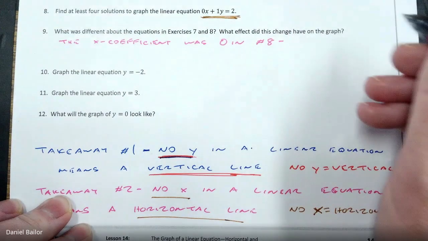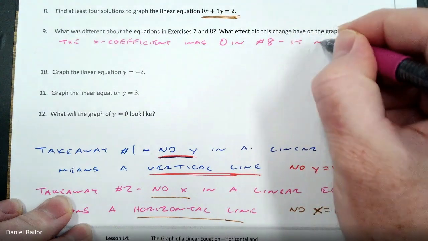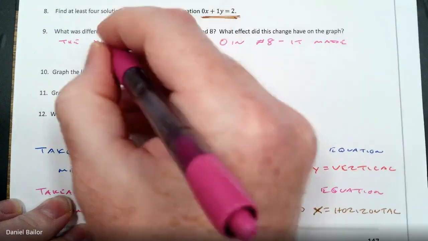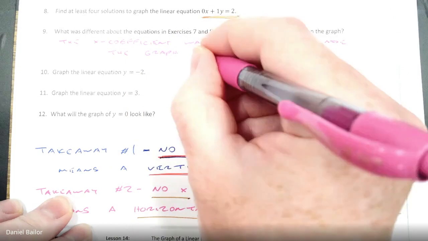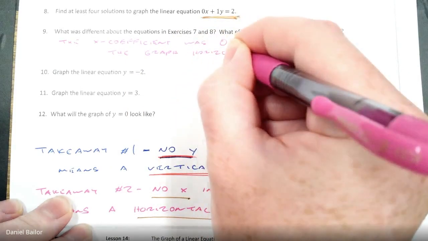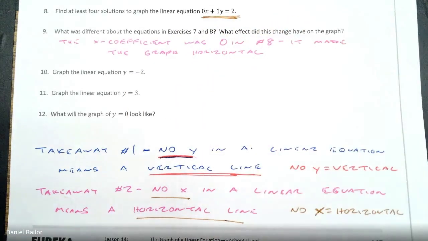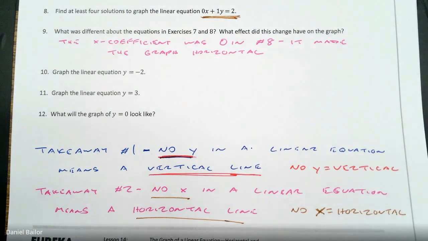And what did it change? It made the graph horizontal, straight left and right. There we go. So let's practice more with these horizontal graphs.